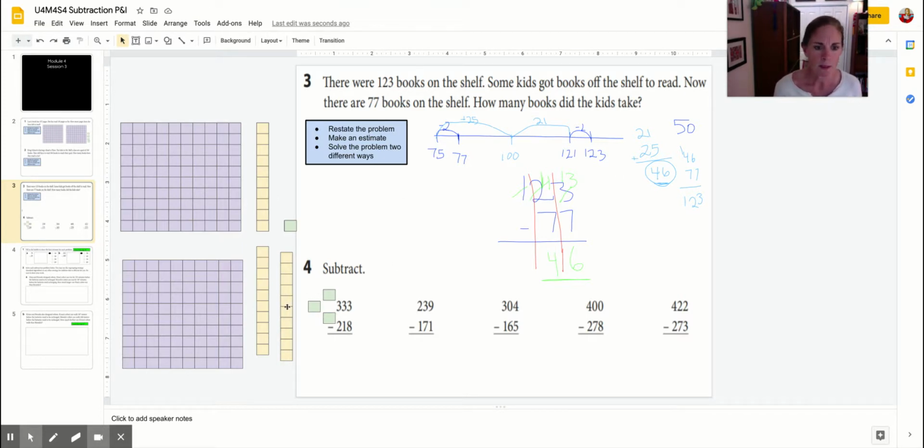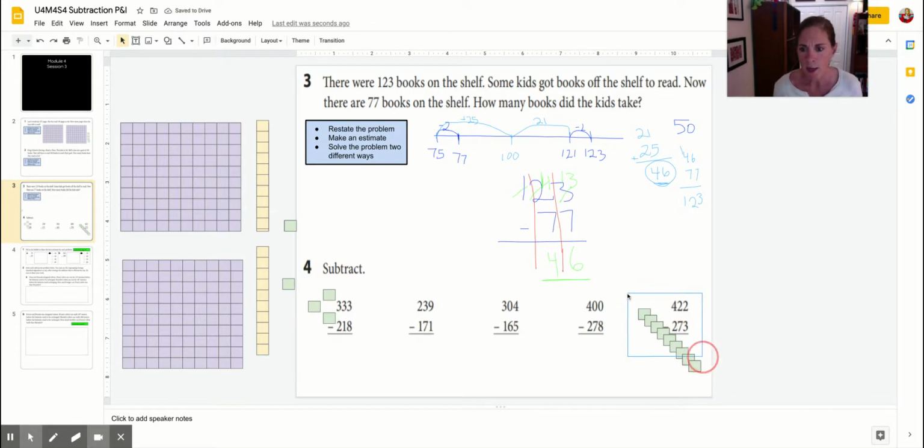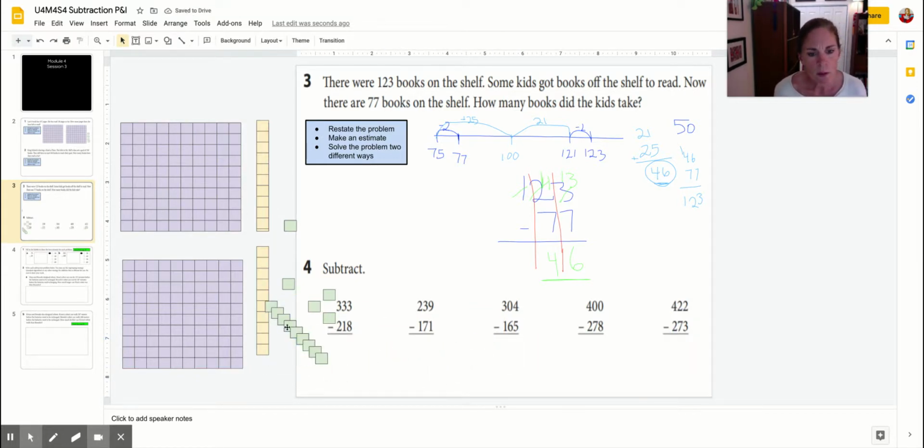So I'm going to take this 10 and put it back up here and get 10 ones. 1, 2, 3, 4, 5, 6, 7, 8, 9, 10. I don't know why they're showing up over there, but I will bring them over here. So now we have 10 ones, plus the original 3.